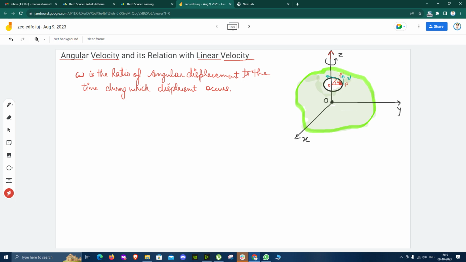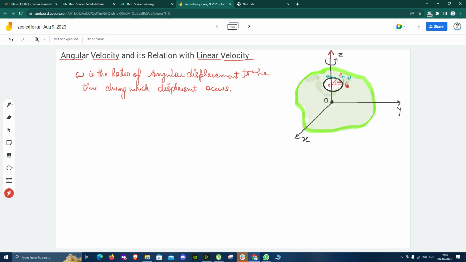Each particle of the body moves in a circle having center on its axis of rotation. Every particle which is moving and rotating is actually around this axis of rotation. Let's consider one of the particles which is at an instant at the position P.